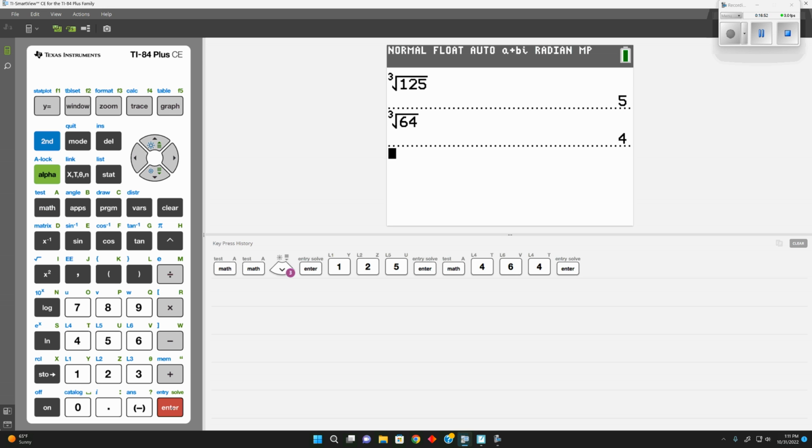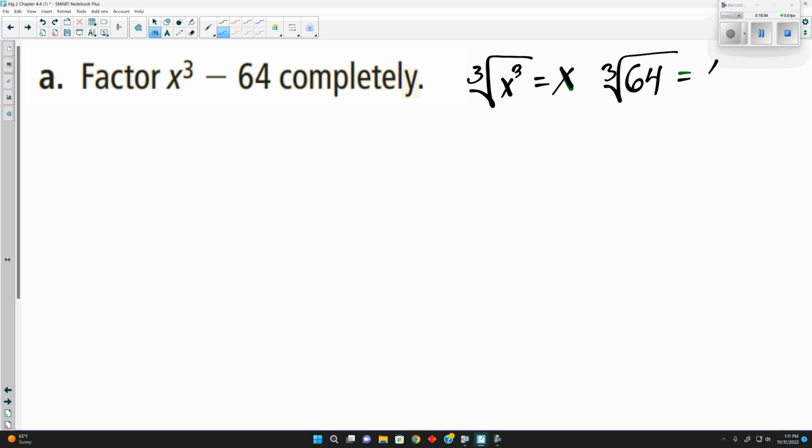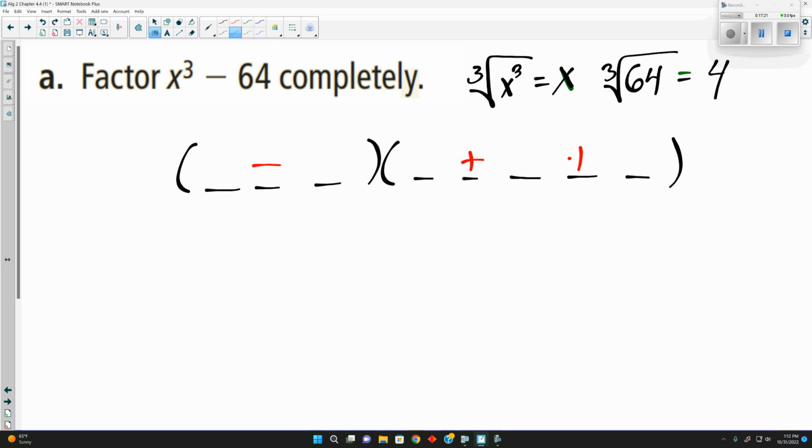Cubed root of 64 is 4. Small and big. Parentheses with 3, parentheses with 5. First thing we need to do is find the sign. So we're talking about a difference. So same would be negative. Opposite would be positive and positive.